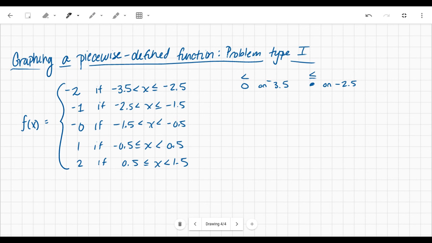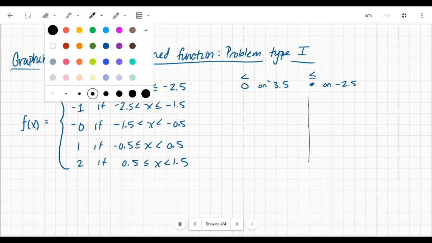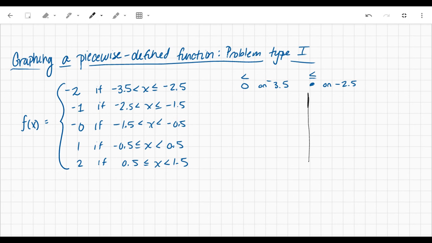Our x's go from -3.5 to 1.5, and our y's go from 2 to -2. I'll do my scale by halves here.